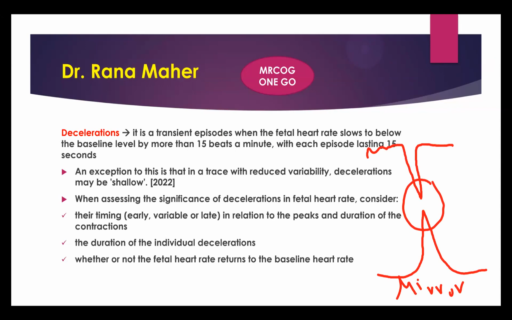If we have the contractions like this, and this is the fetal heart rate, and we have the deceleration here, this is late, which happens immediately after the contraction finishes. So this is the late. The variable will be at any place in the CTG, and it's not related to the contractions. So it's not like early or late.